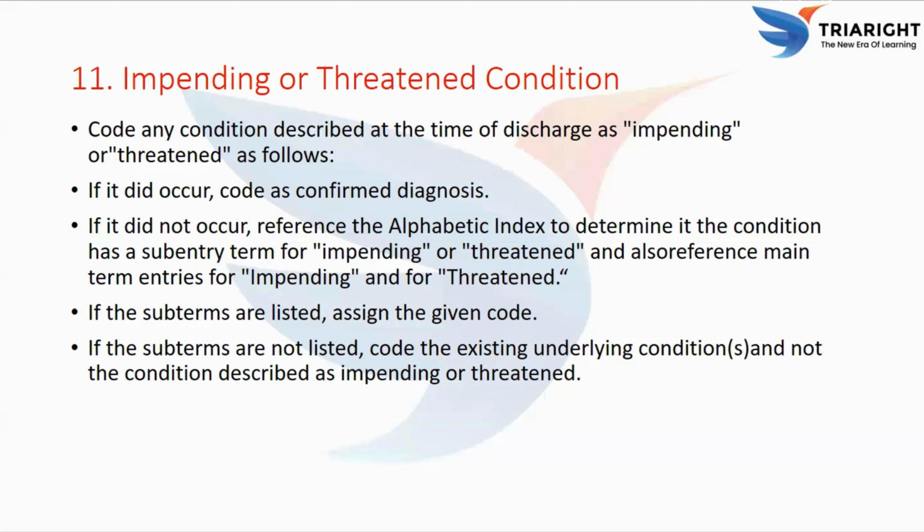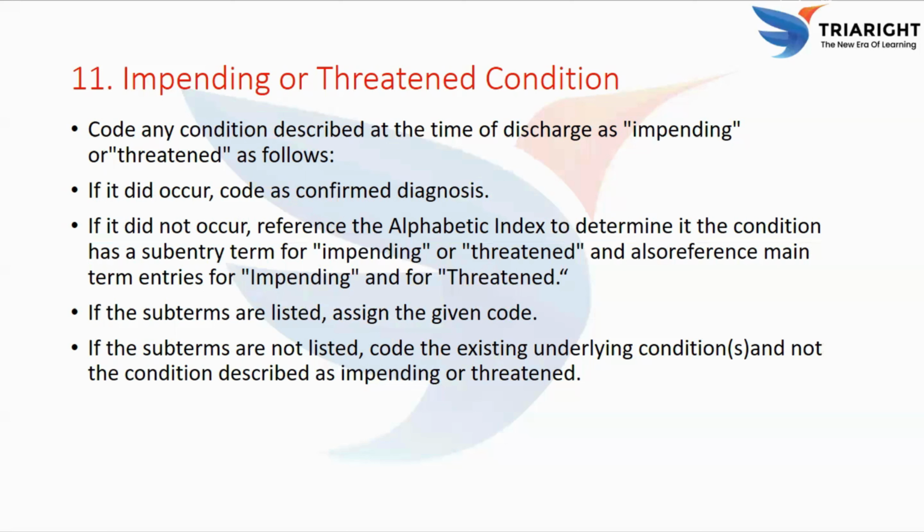If a specific subterm code is listed, what do you have to do? You have to assign the given code. If no subterms exist, you have to code only the underlying condition, but not the impending or threatened description. So you should never code the impending or threatened condition unless the underlying condition is present.